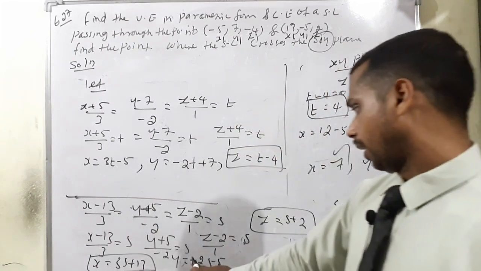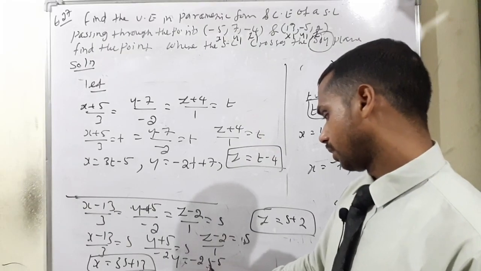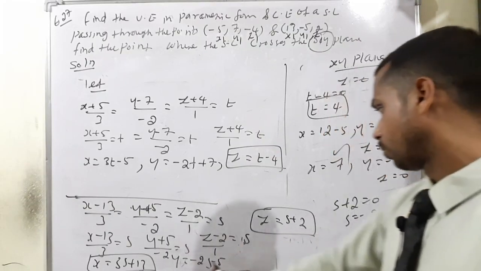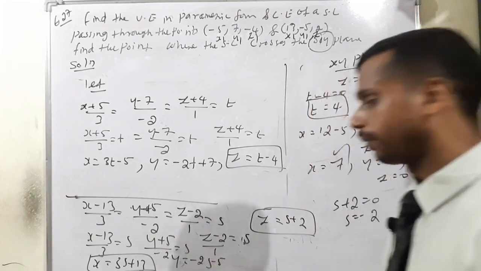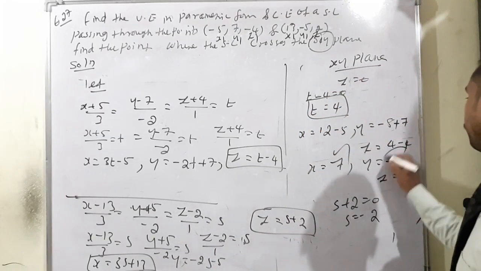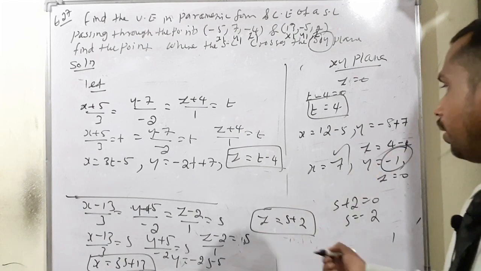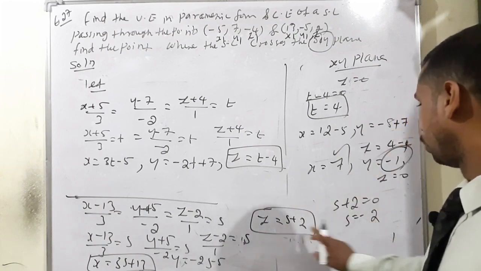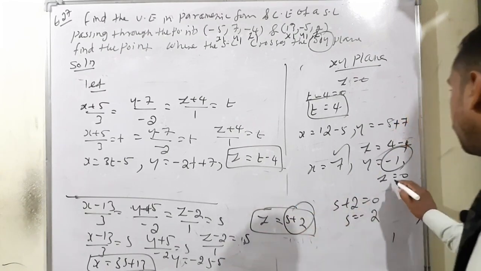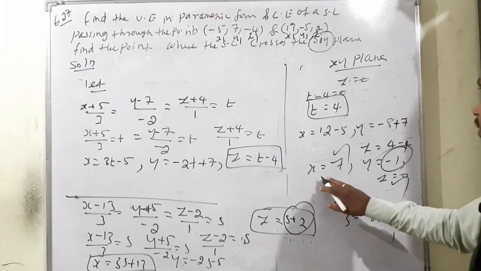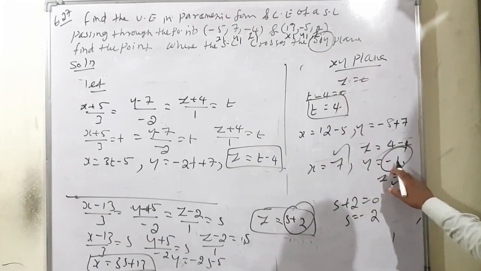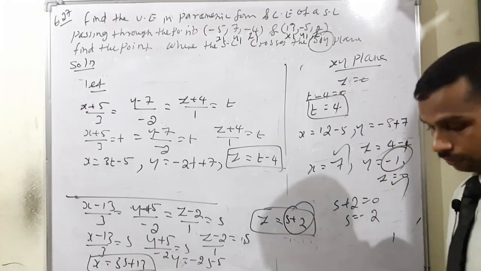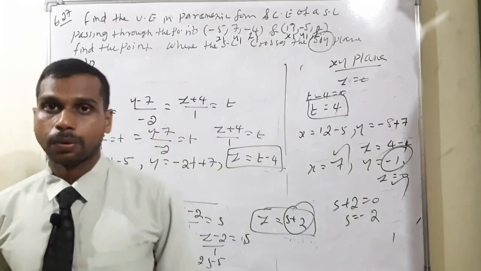Again, here s has value minus 2, so minus 2 into minus 2 is positive 4. 4 minus 5 is equal to negative 1, so y is equal to negative 1. The last condition: minus 2 plus 2 is 0. Therefore, z is equal to 0. So on the xy plane, z is equal to 0, x is equal to 7, y is equal to minus 1. This is the answer for example 6.27.